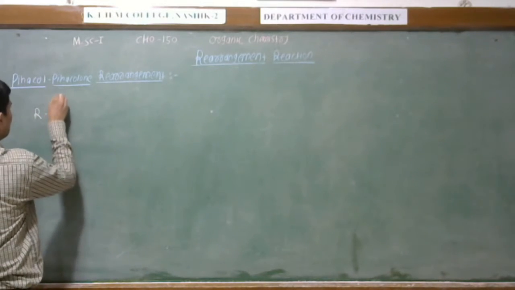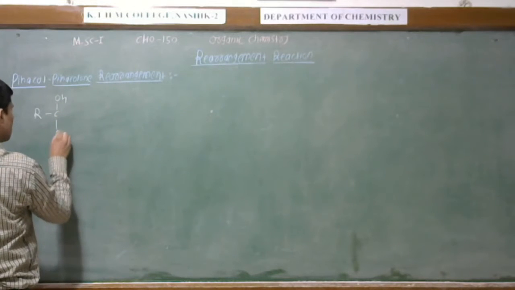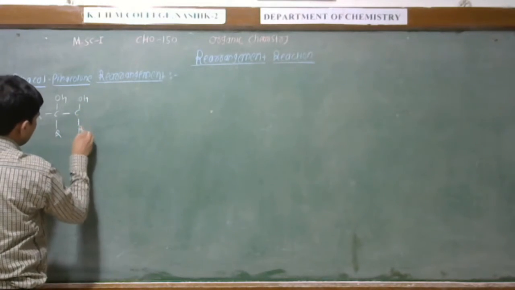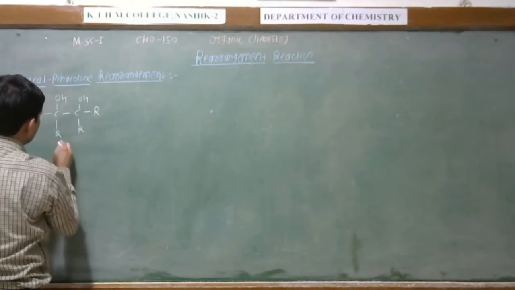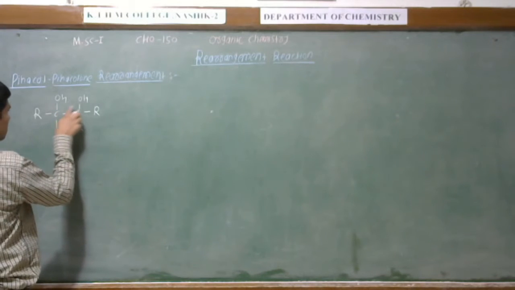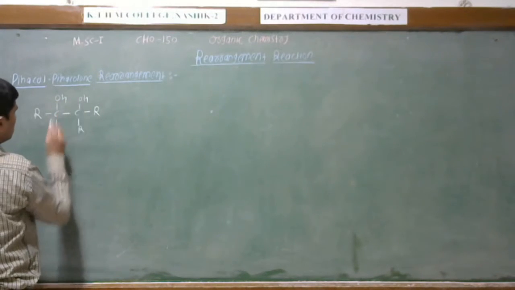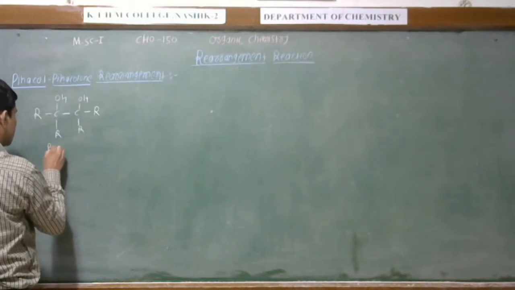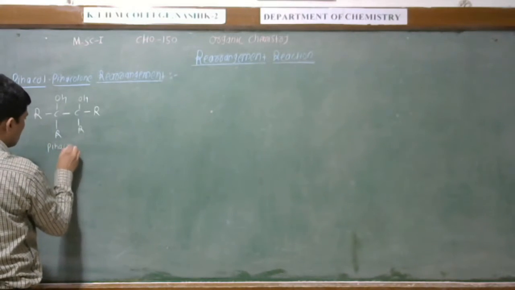This is OH here. This is R group here. This is COH. This is R group and this is R group. See here, this is tertiary carbon, this is tertiary carbon, and there are two hydroxyl groups at one position. Therefore, such a type of compound generally is known as the pinacol.